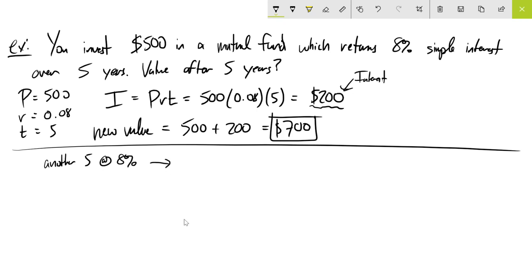Because now, how much money do you have? You get to take that $700 and you still get your interest, but now you're earning interest on $700 instead of $500. So if you went another 5 years with your $700, like you reinvested it, how much interest would you earn then? What's that come out to be?